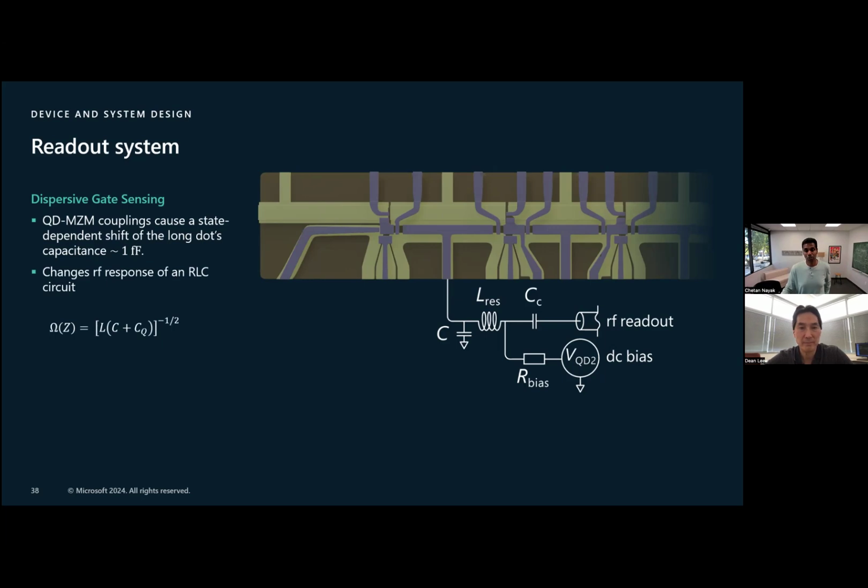So remember, the capacitance changes, and the shift depends on the state of the qubit, which is the fermion parity. It's basically an LC circuit as far as resonance. So as you change the capacitance, you change the resonant frequency. That change in resonant frequency actually means that even the off-resonance RF response, if I send an RF wave down, is going to come back phase shifted.